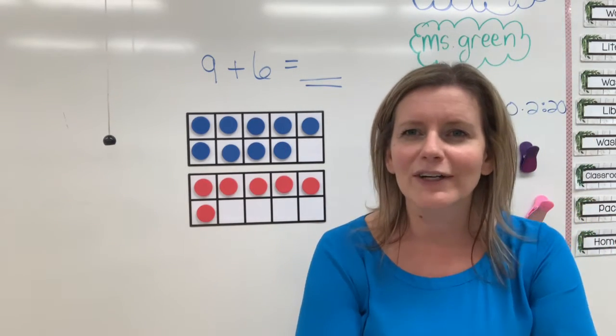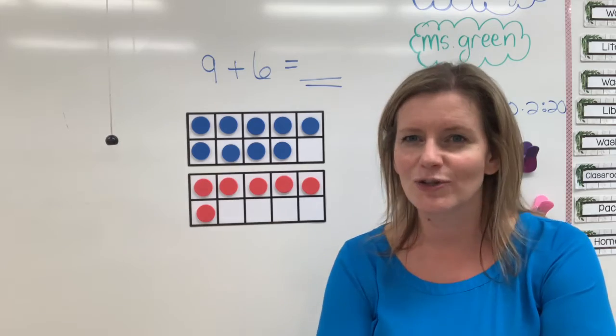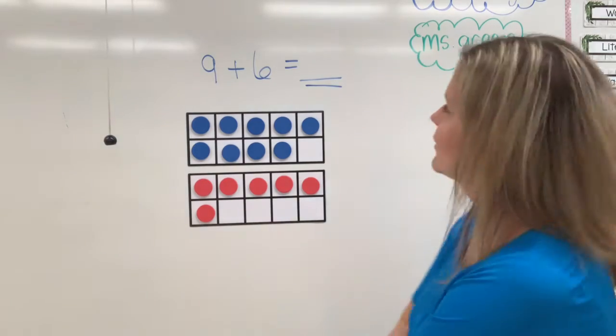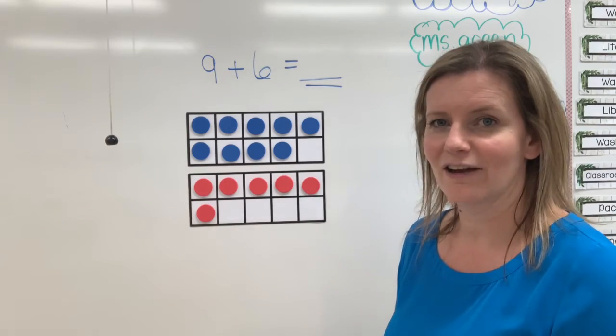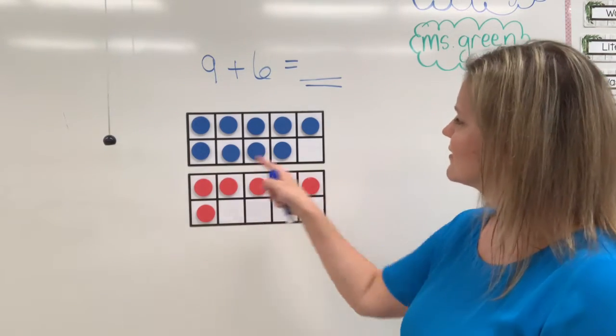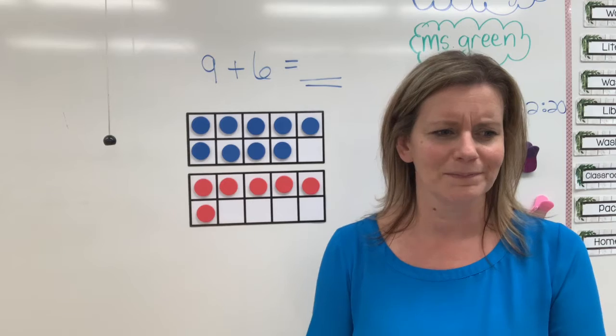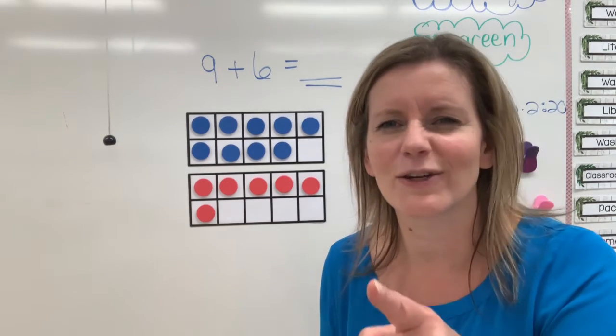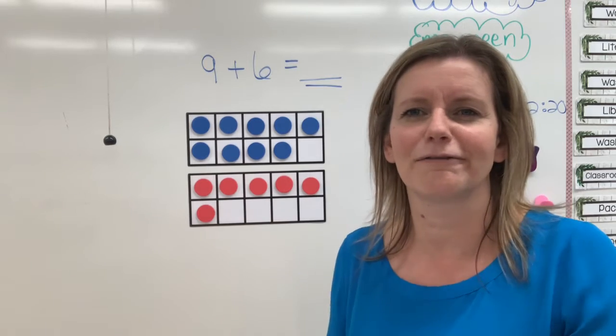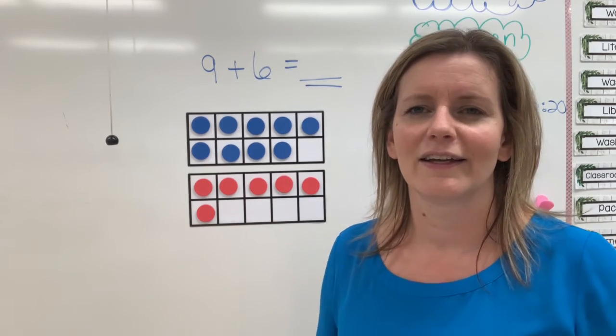Now, if we were going to add these two together, if we were going to add our 9 counters in our 10 frame and our 6 counters in our 10 frame, do you think that there might be an easier way to do this to try to figure out the answer?